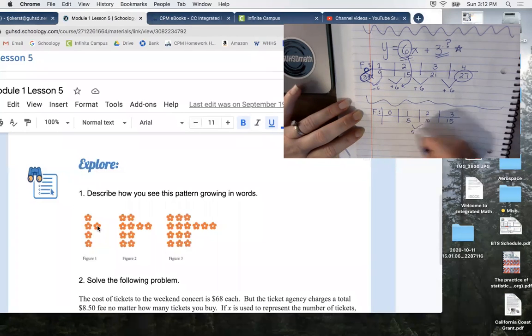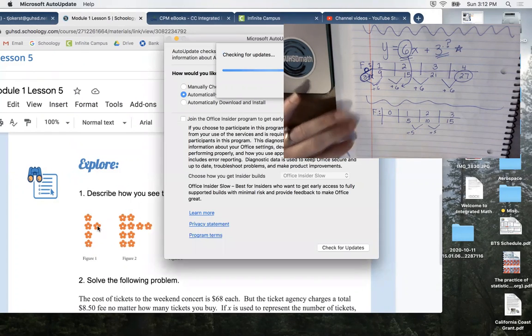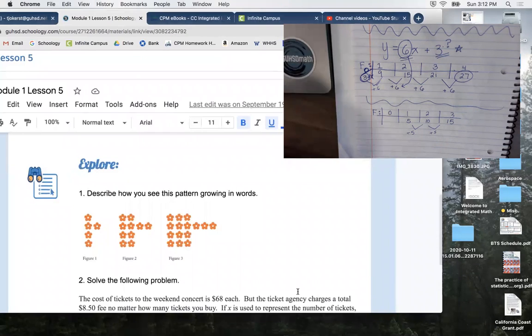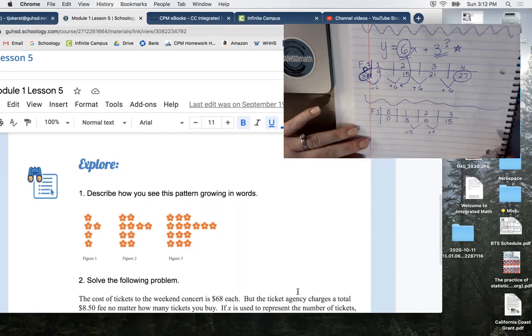They were growing by 5 each time. So I'm adding 5 each time. If I go backwards and subtract 5 to get what would be in figure 0, I would actually get 0.